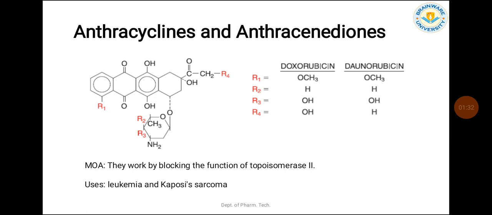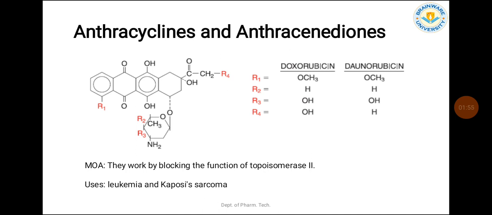Now coming to the anthracyclines or anthracenediones, that is also one category of antibiotics. Doxorubicin and daunorubicin are two antibiotics of this category, and here we have the general structure. It is a four-membered cyclic structure where R1, R2, R3, R4 are the substituents.